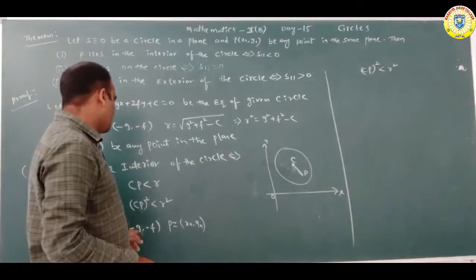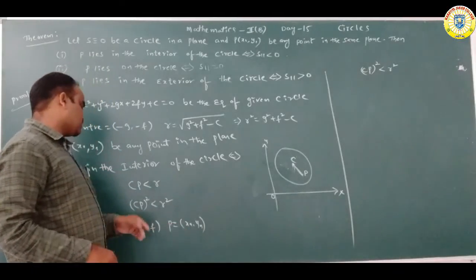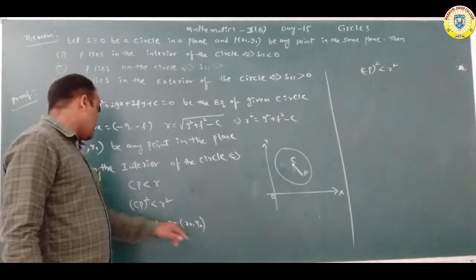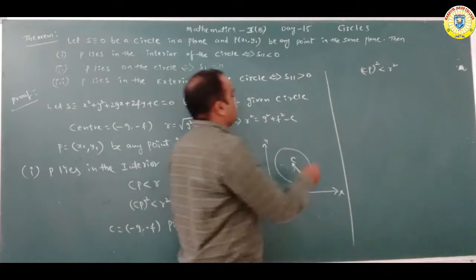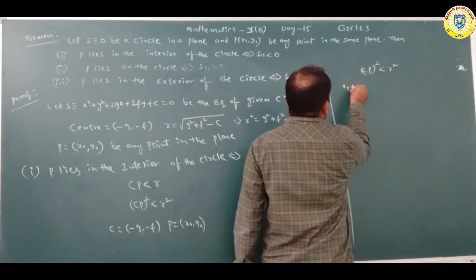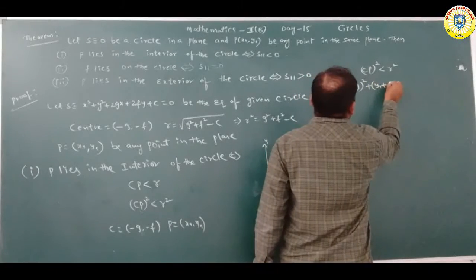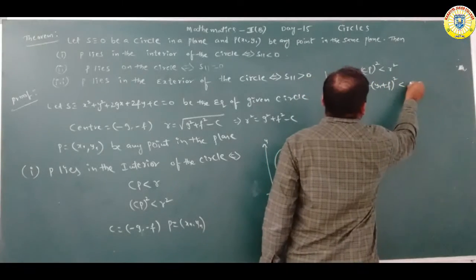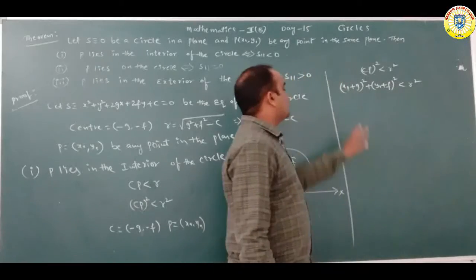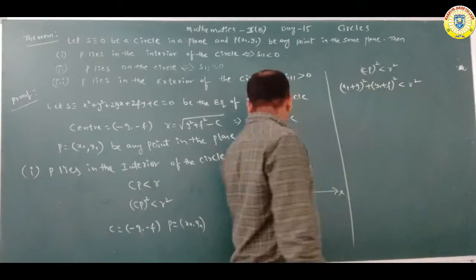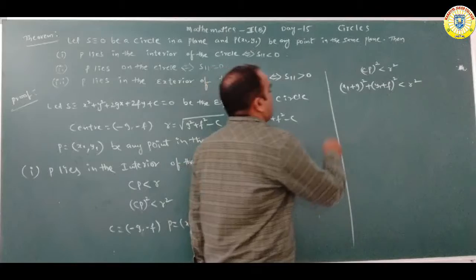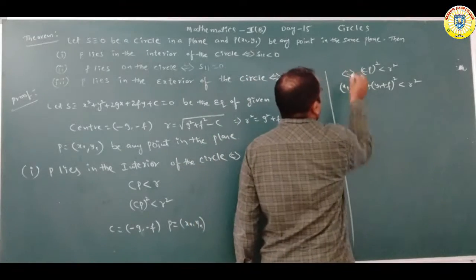CP square is x1 minus x2 whole square, so x1 plus g whole square plus y1 plus f whole square, less than R square.